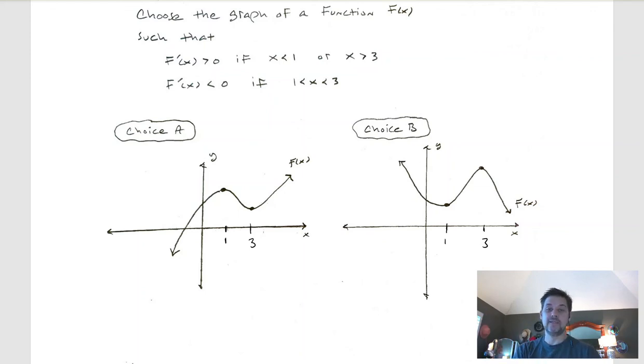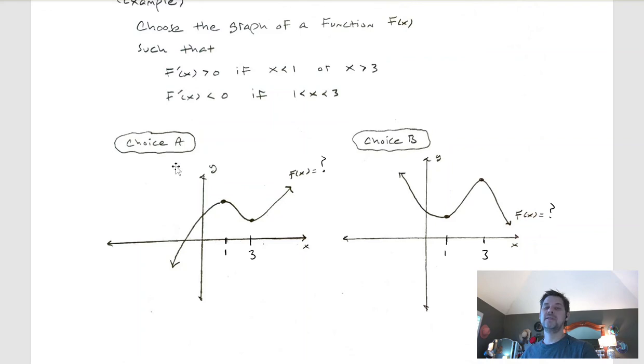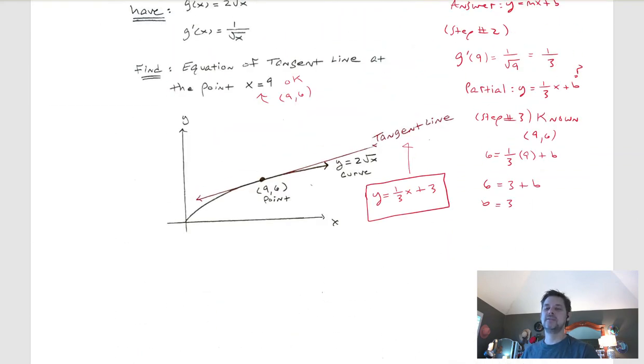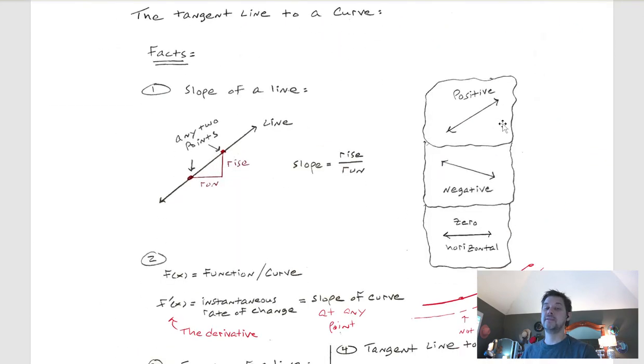There's no information given. No equation is given for f of x, so it's not like I could work with the equation or anything. I just have to understand what it means if the derivative is positive versus negative. F prime greater than 0, positive. F prime less than 0, negative. Okay. Well, let's go back to the top here and talk about what that would tell us.